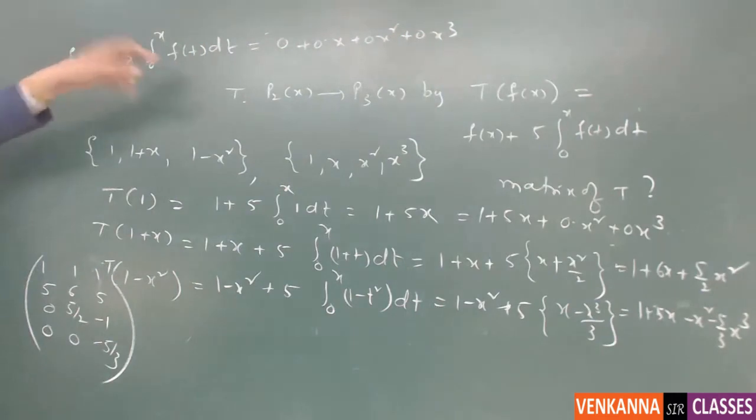Now how to deduce this without knowing f of t? That's why that part is left here. The question was not at all focused on calculating the null space of T.